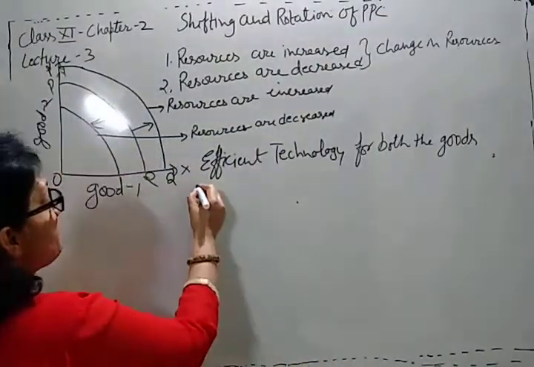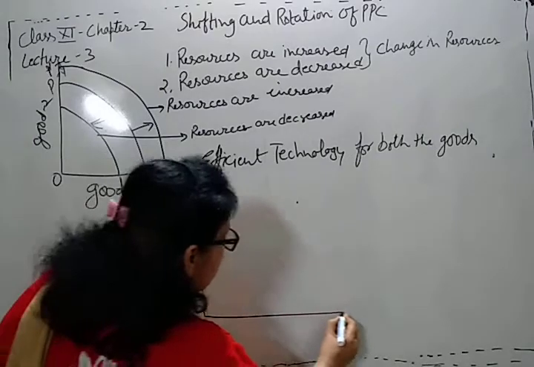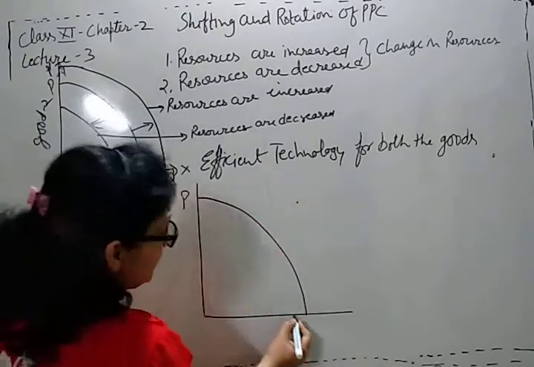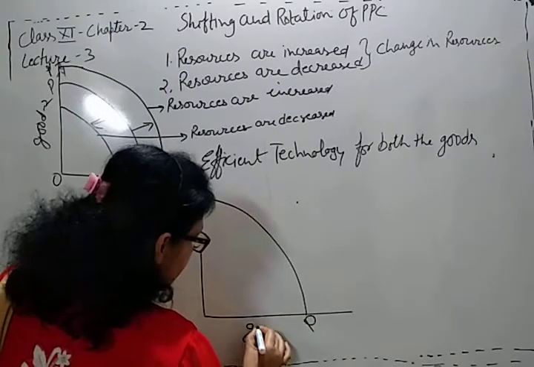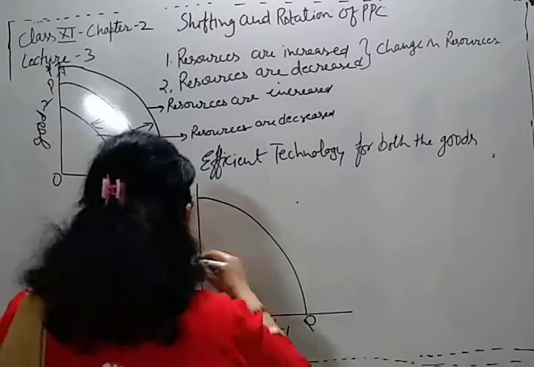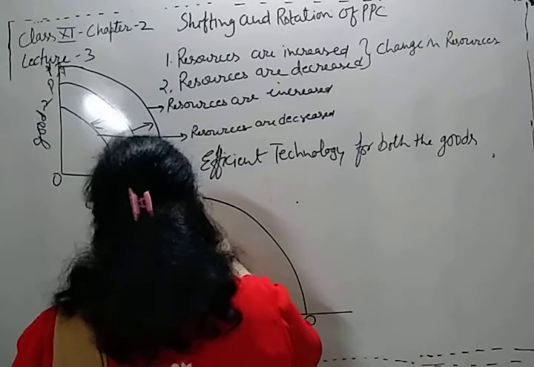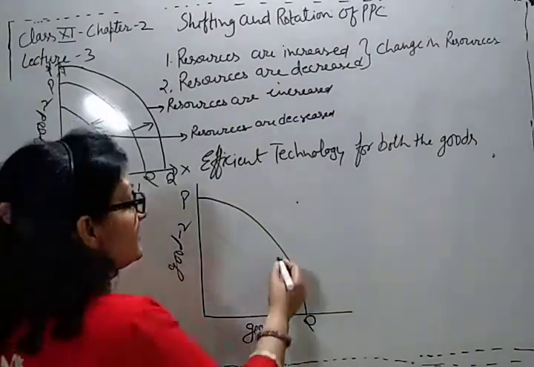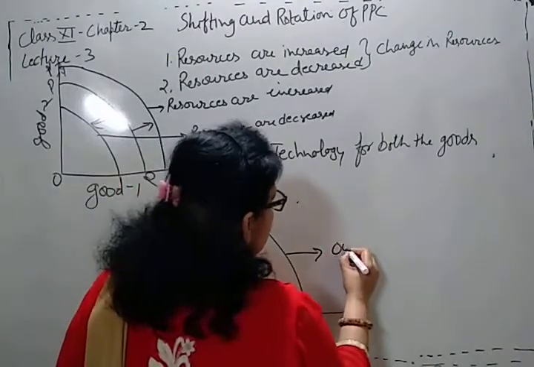Yes, beta. First of all, before adopting the modern technology, we have PQ as PPC. This is outdated technology.